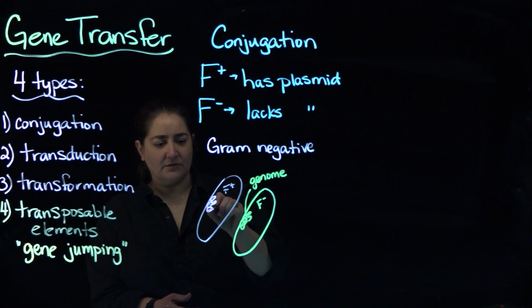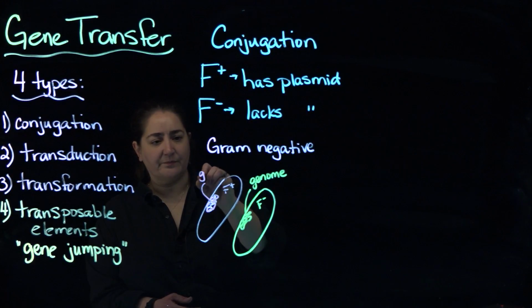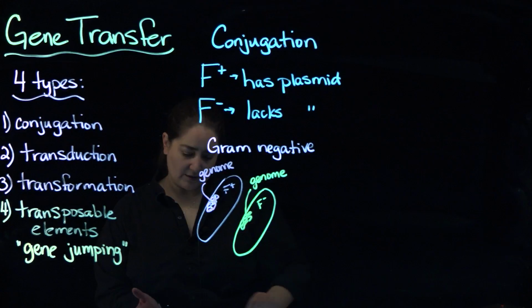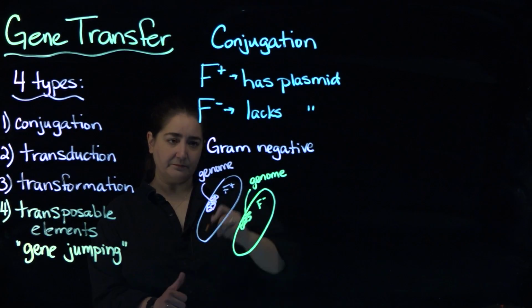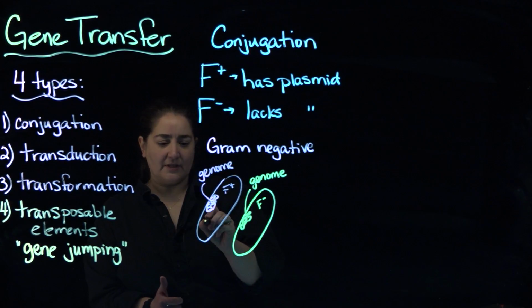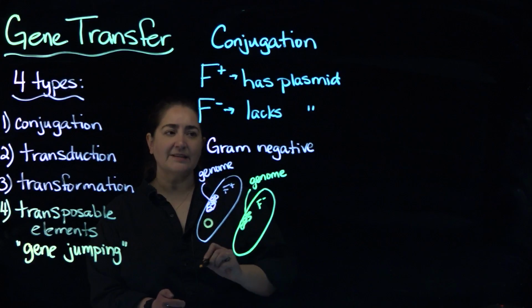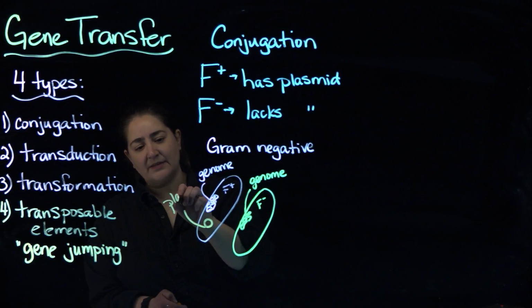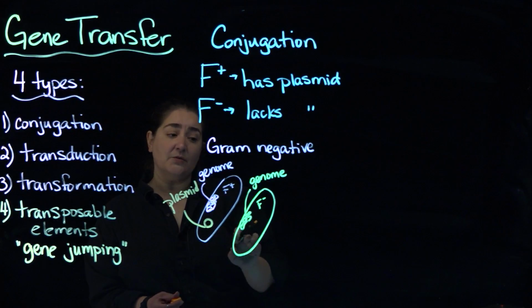All right? So it's going to have its genome. But the thing about our F-positive cell, this is going to have that little bit of circular DNA. This is going to be the plasmid. Okay? And that's what's going to be what is transferred to the F- cell.